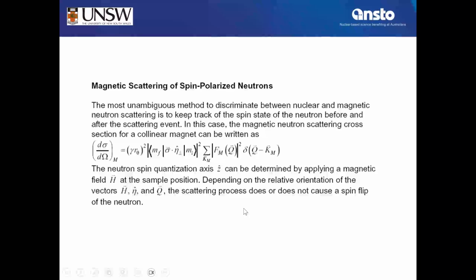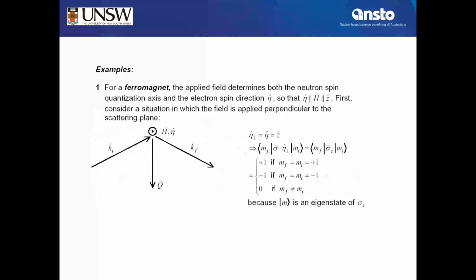So now we should look closer at the spin direction and the direction of the neutron spins, assuming that the neutrons are now all polarized. Ferromagnet, we need an external magnetic field to polarize both the neutron spin or keep them polarized, and also the electron spins in your sample, so that we have the incoming neutron beam and the electron spins of your sample parallel to each other.